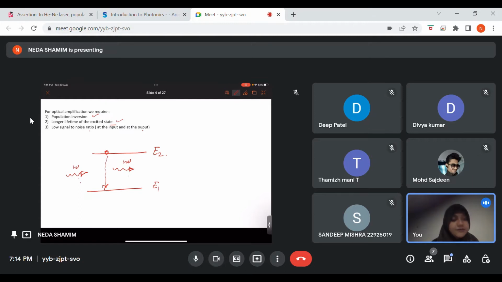So it should stay for the time till this photon comes. That's why we need the atom in the excited energy state to stay for quite a long time. So these are the three important conditions to achieve optical amplification.